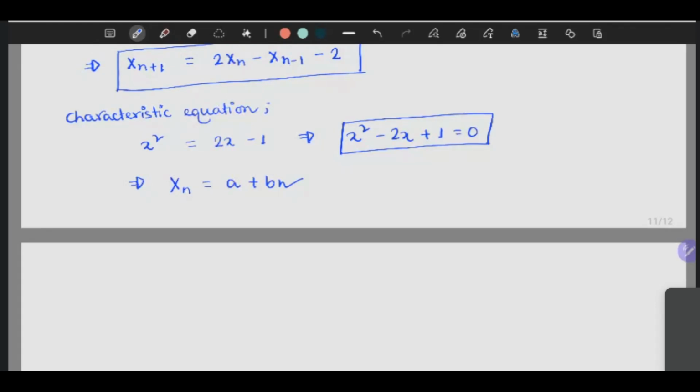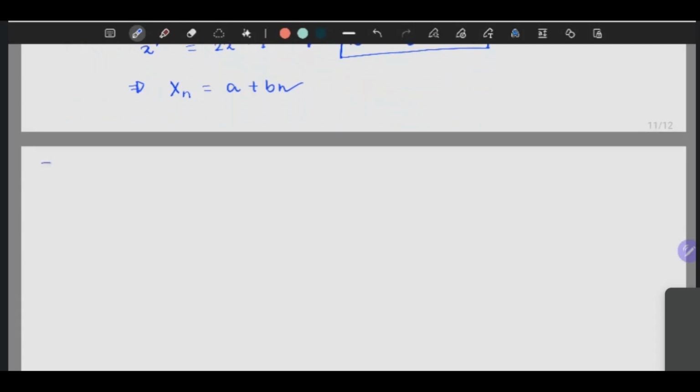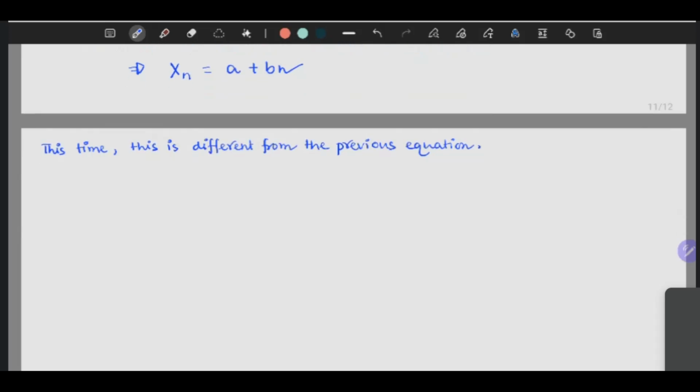But this is different from the previous equation because there is an inhomogeneous term.